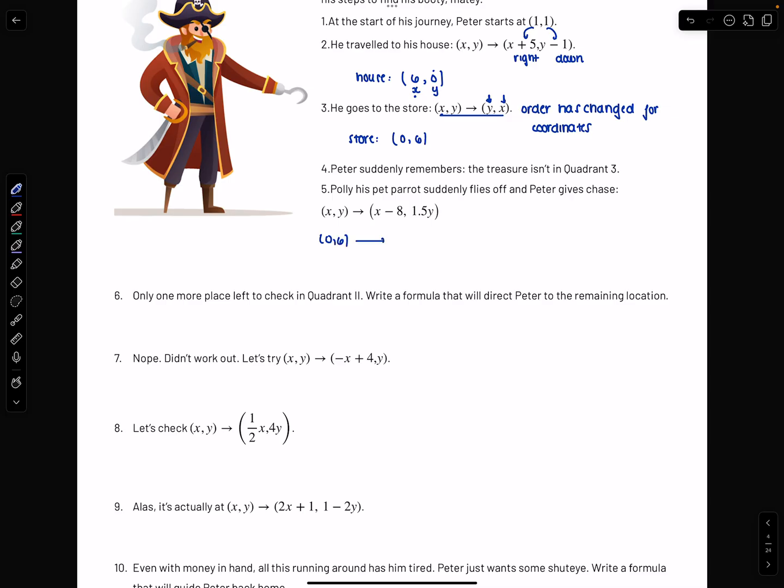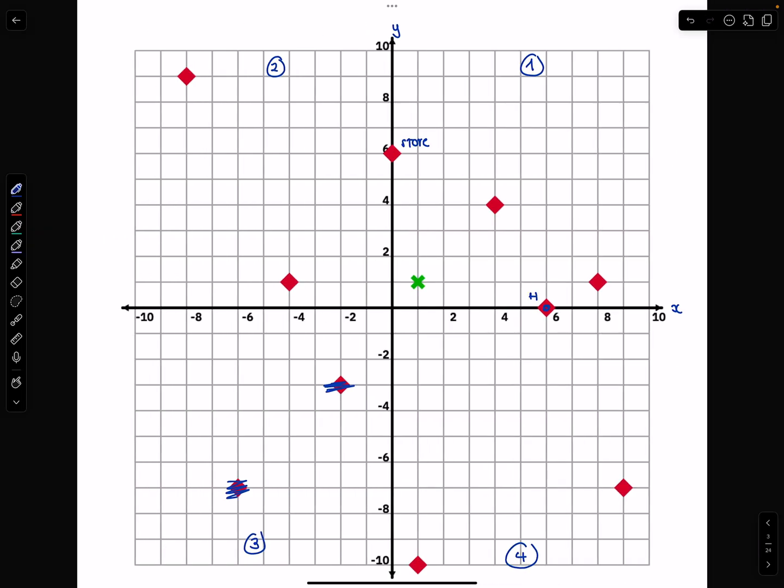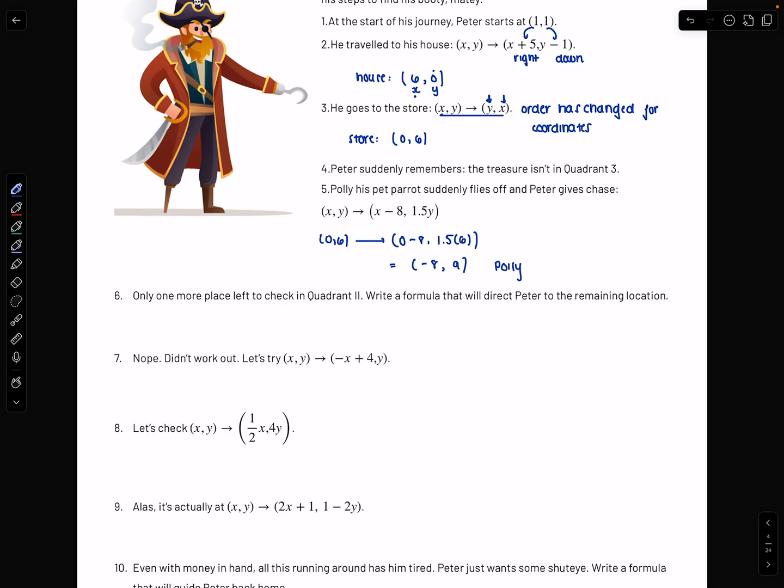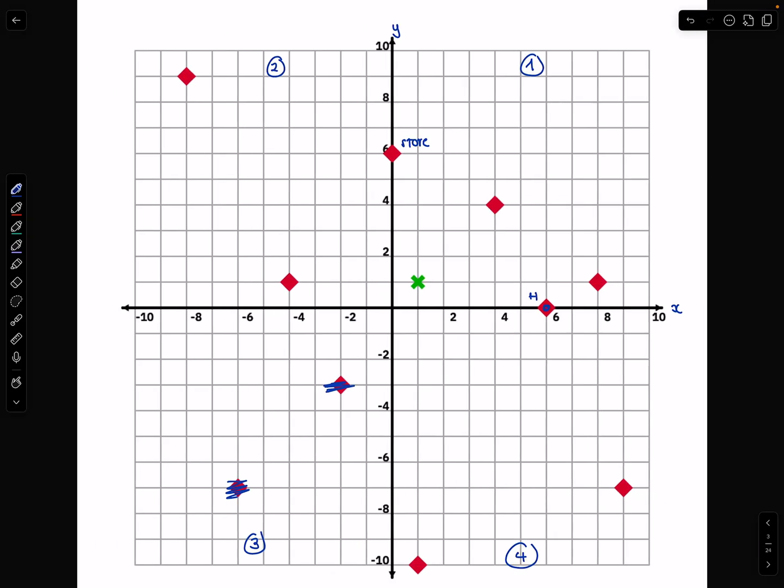That becomes 0 minus 8 and 1.5 times 6. And so this is going to be negative 8, 9. And so this is where Polly is at. Negative 8, 9. So here's where Polly is at. Apparently, the treasure is not there.